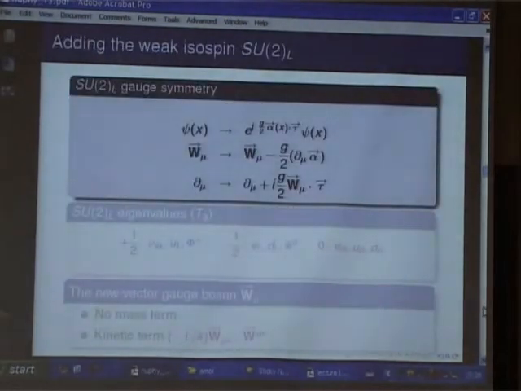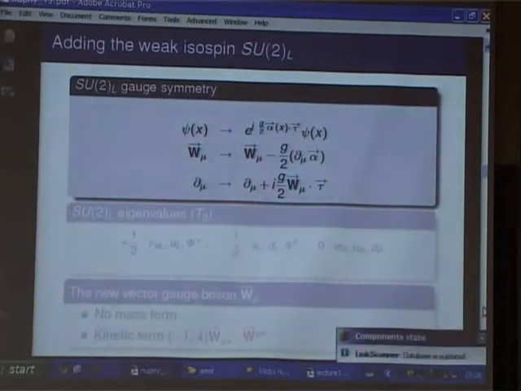So now we try to add the weak isospin, SU2. It's slightly complicated because U1 Y simplified that you multiply by your phase. So you had a field, the particle, and you apply the standard multiplication by a phase.